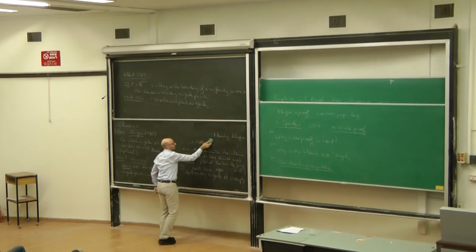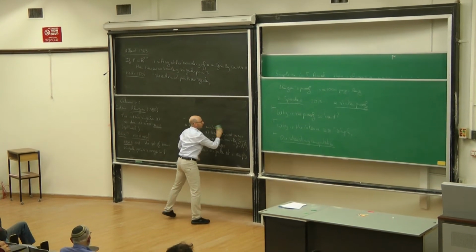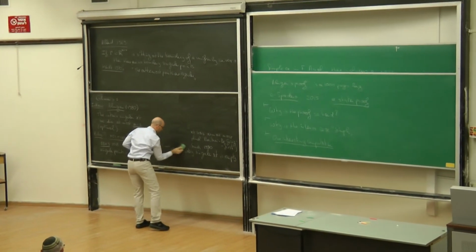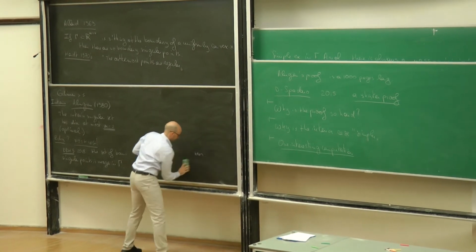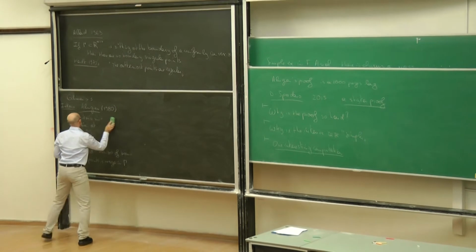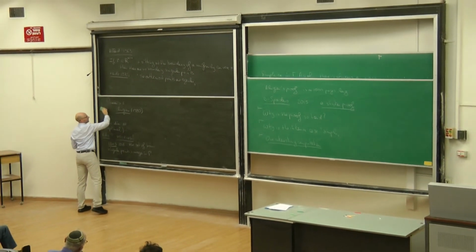Okay, so first of all, you have to understand why the proof of Almgren is so complicated, you have to understand what kind of singularities you can see. And this also shows you why the theorem is optimal.